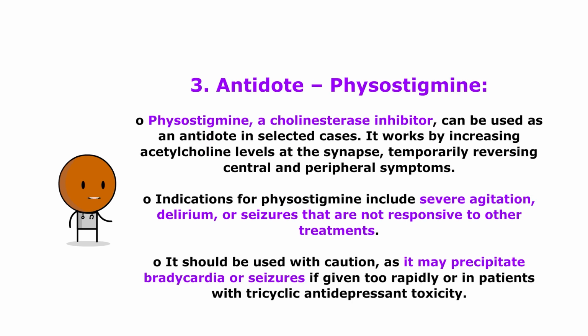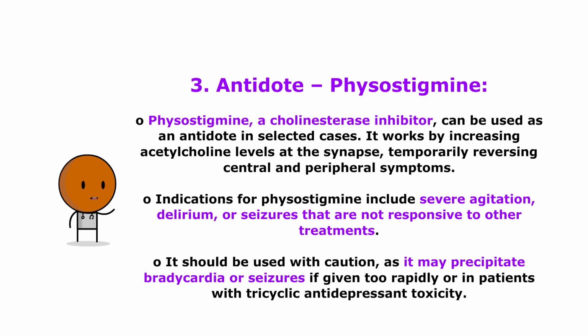And three, the antidote, physostigmine. Physostigmine, a cholinesterase inhibitor, can be used as an antidote in selected cases. It works by increasing acetylcholine levels at the synapse, temporarily reversing central and peripheral symptoms.